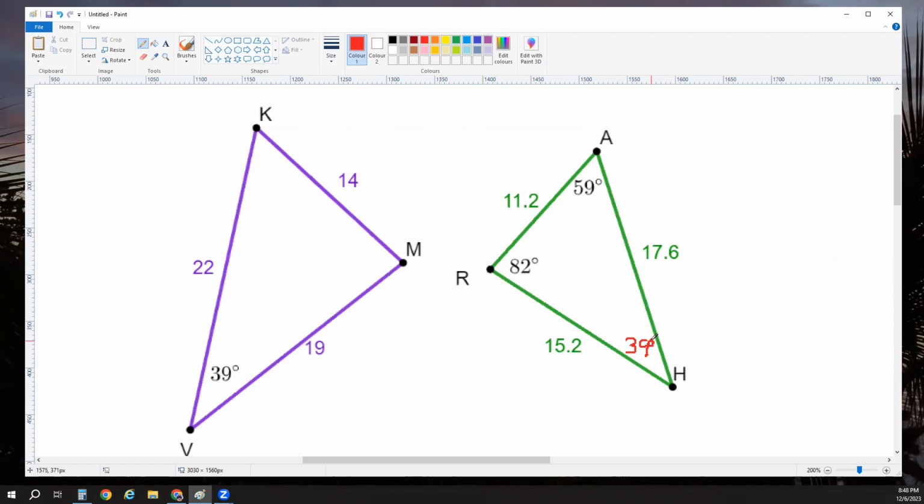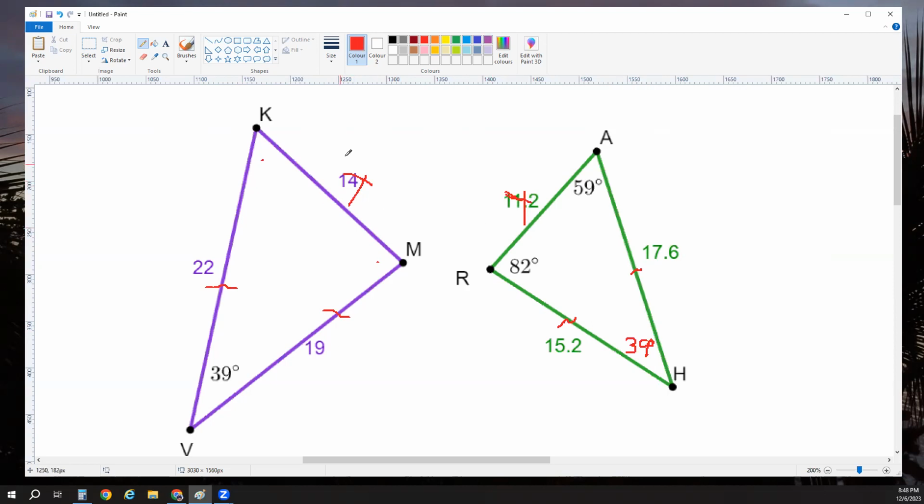Okay, so that's probably a pretty good indicator that this one here and this one here are going to be 82 and 59 degrees, if I can establish that this one and this one have the same proportionality as this one and this one, right? This one might not really help me, right?